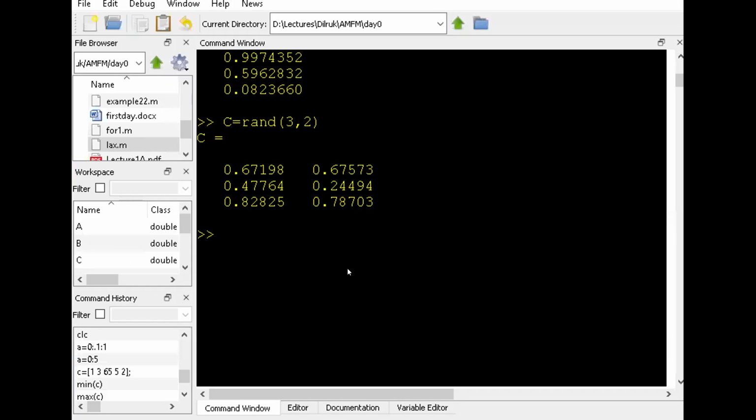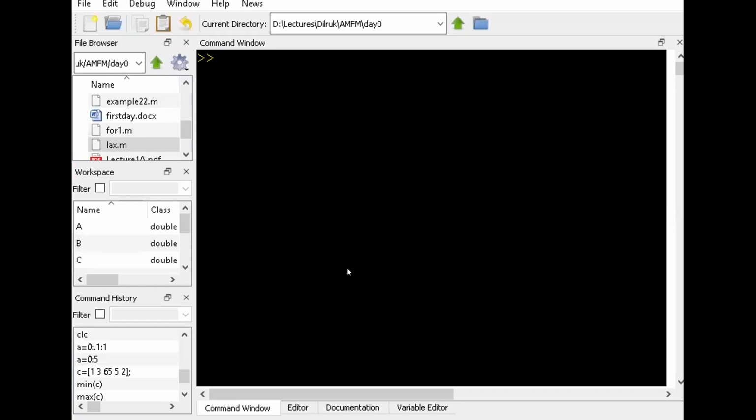Let's clear my screen by typing clc. So linspace. Let's define a vector and discretize the time. Time t is denoted by time.